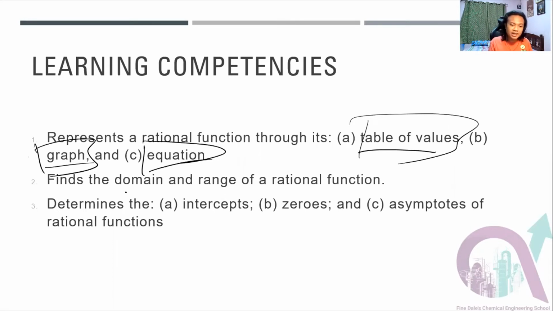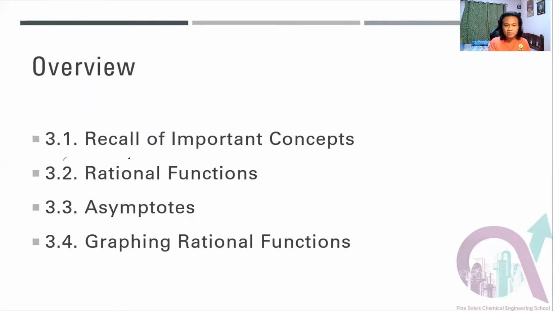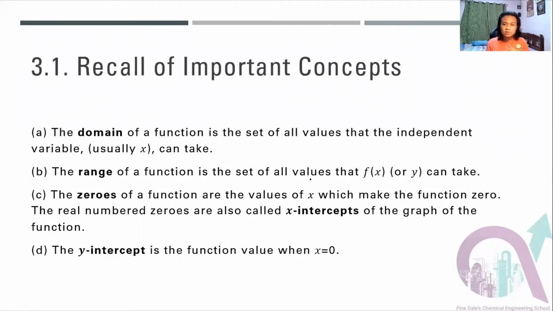Domain and range is really simple. Intercepts, zeros, and asymptotes are the topics in our video today. So, overview: recall of important concepts, rational functions, asymptotes, and then graphing them. What is the domain? We took it up in the last video: the set of all values that the independent variable, usually x, can take.